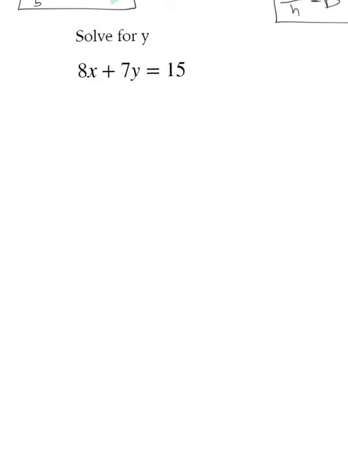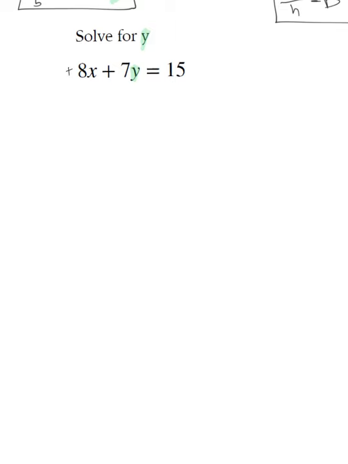Here in this linear equation, 8x plus 7y equals 15, they're asking you to solve for the y variable, or to get the y variable by itself. So we're going to start by trying to get the 7y term by itself. We're going to get rid of this 8x that is on that same side.